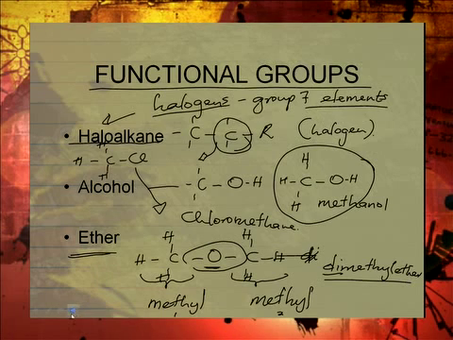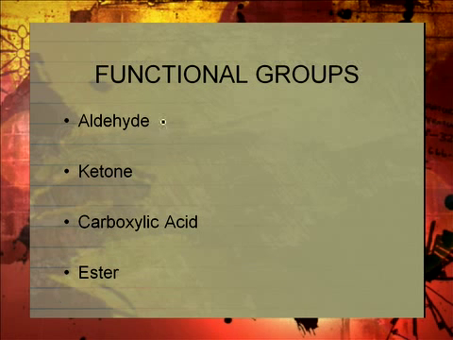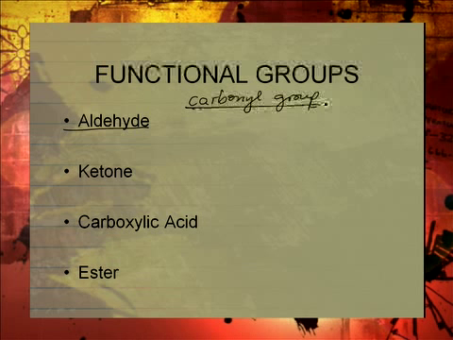All right. Next, let's have a look at something called aldehyde. What are aldehydes? Aldehydes contain what we call a carbonyl group. And this carbonyl group for aldehydes is at the end of the carbon chain.